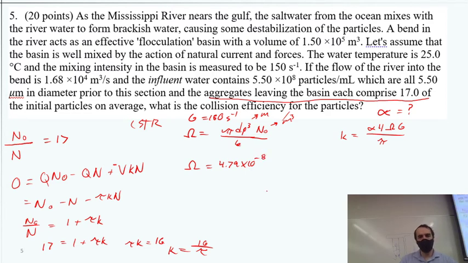So not a lot of the volume there is actually particles. Okay, with that we can also solve for tau. This is V over Q.